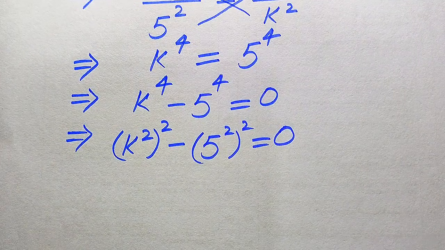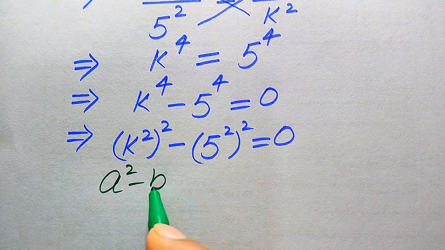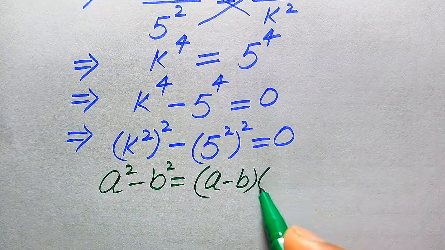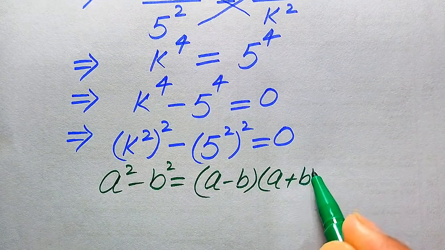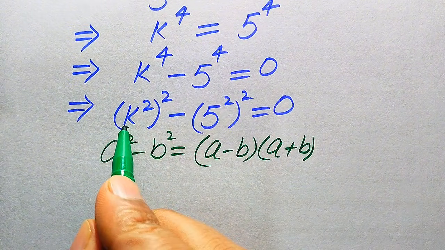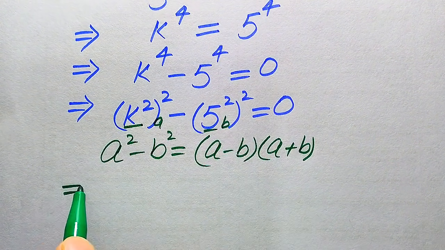And further in the next step we need more simplification, but here we use the nice algebraic formula. You know about that: if we have a square minus b square, it is equal to a minus b times a plus b. According to this formula, we write our above equation, where the base of this term is our a and the base of this term is our b.